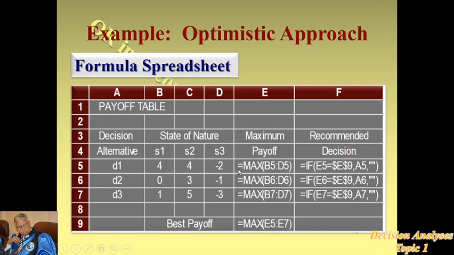So our formula will be equal MAX(B5:D5). For the next row, equal MAX(B6:D6). For decision alternative number 3, equal MAX(B7:D7).